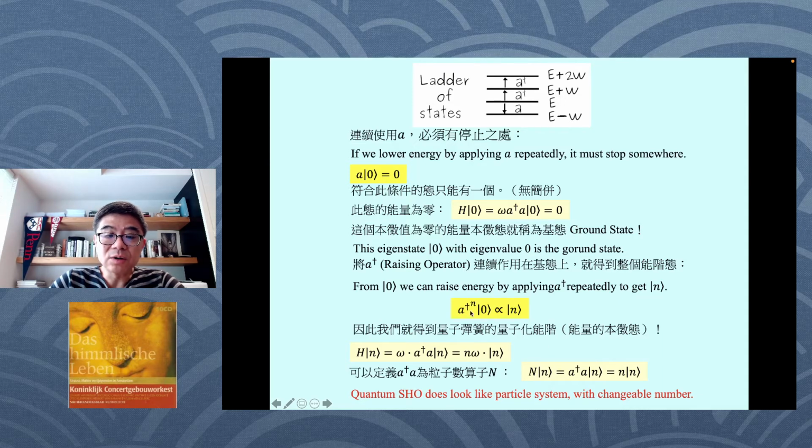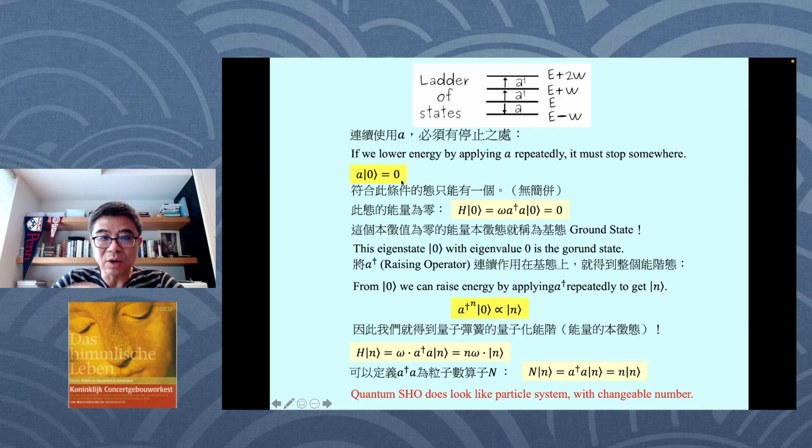We usually call this multiplicity of the number of times acting A dagger the number of particles. Therefore, the conclusion I write in red here is very, very important.